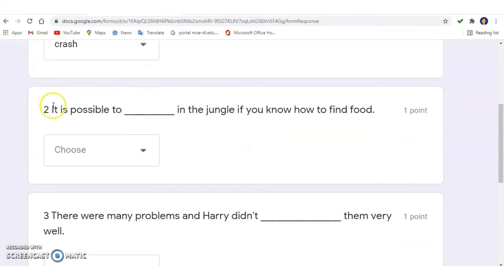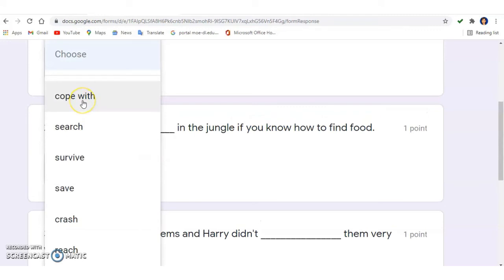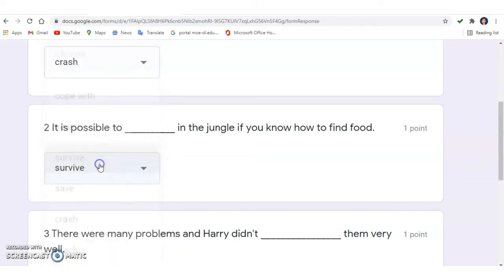Number 2. It is possible to blank in the jungle if you know how to find food. Is it cope with, search, survive, save, or reach in the jungle? Of course, the answer is survive.